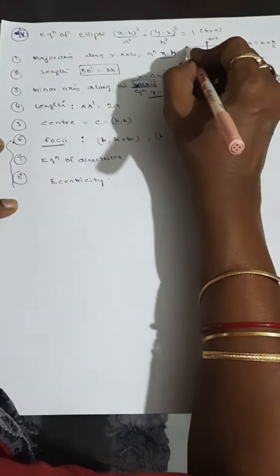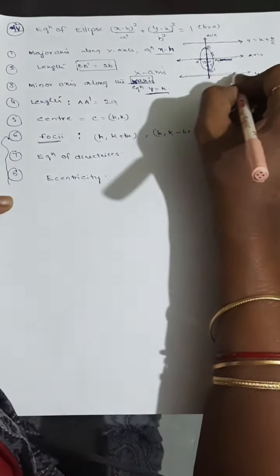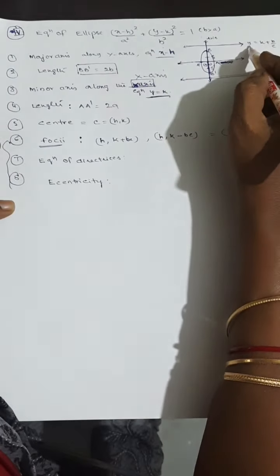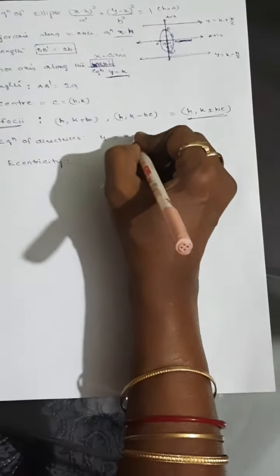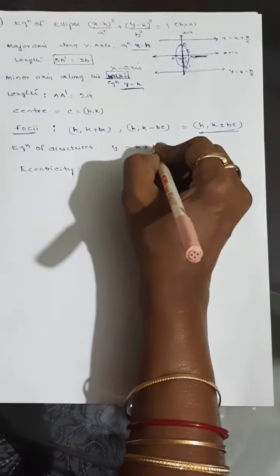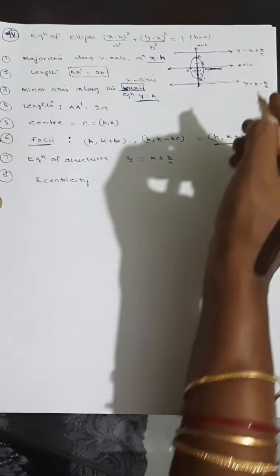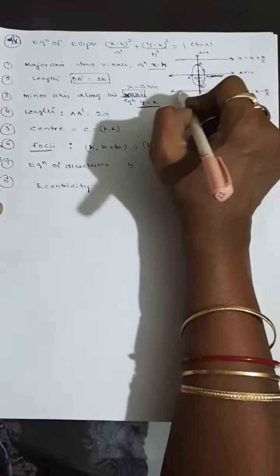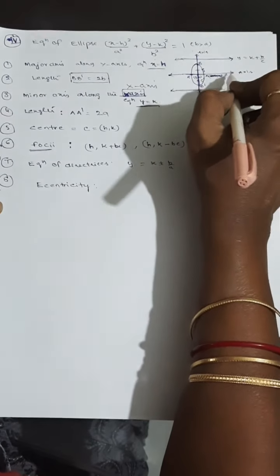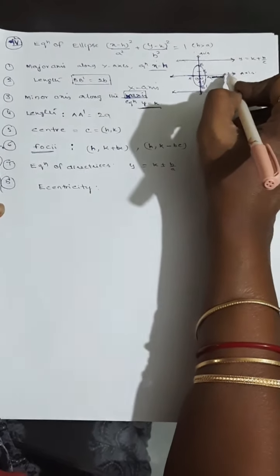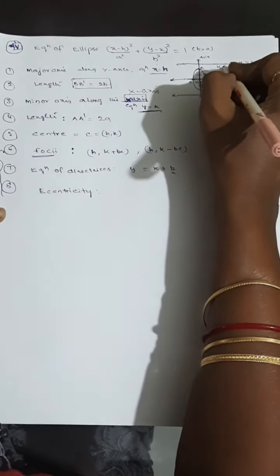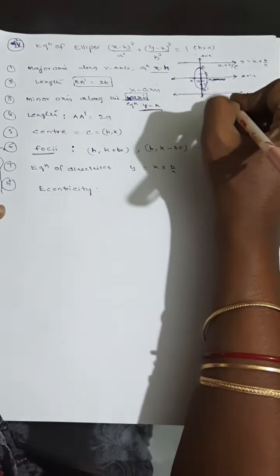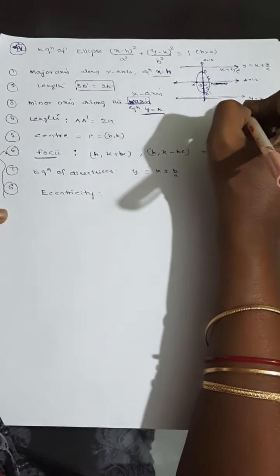And its directrices are L and L dash. Their equations are y is equal to k plus or minus b by e, because the directrices are parallel to the x-axis. So, its equation is at a distance of k plus b by e and at a distance of k minus b by e.